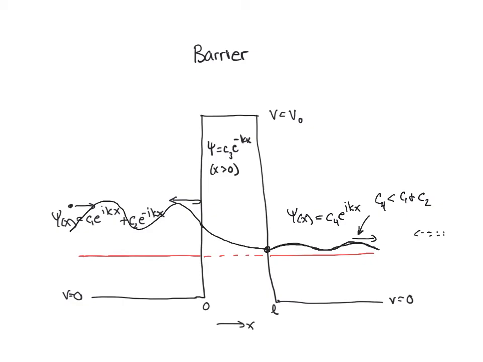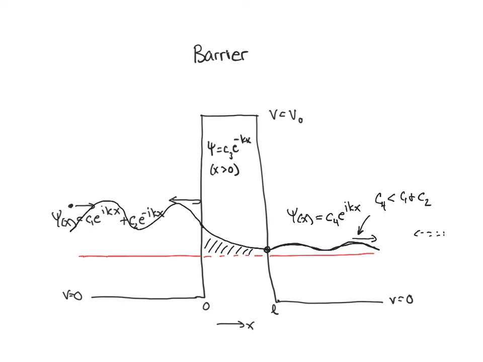So we would square this wave function, find the area under the curve, and that would give us the probability that the particle is in a given region in space. And so there is this finite probability that my particle is inside the barrier and that it leaks all the way out and ends up on the other side of the barrier.